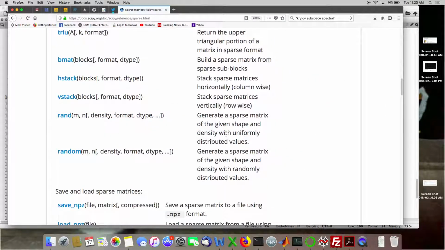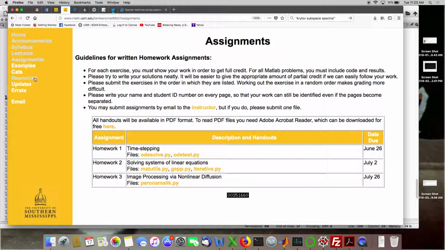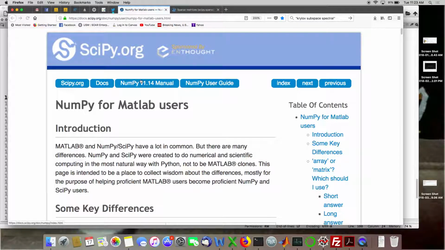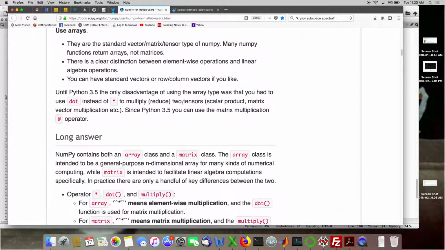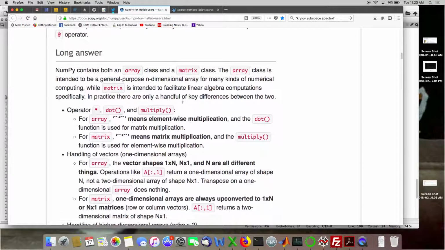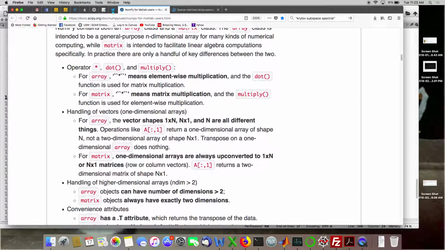Now, if I look, for instance, at the various pages that get into how to perform MATLAB operations in Python.